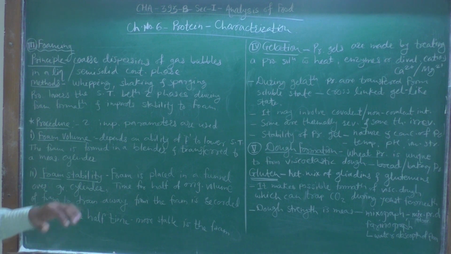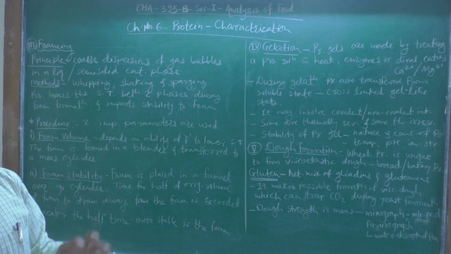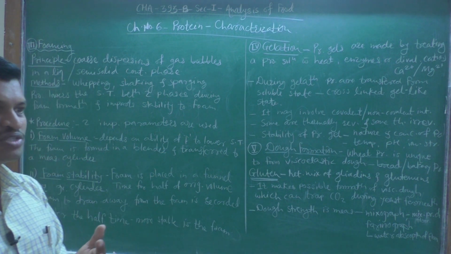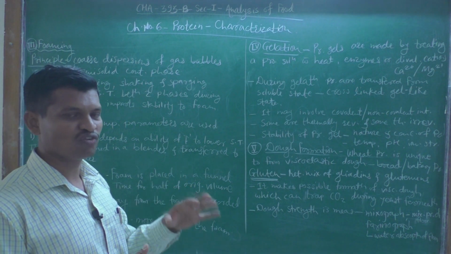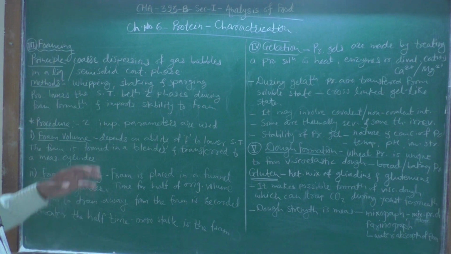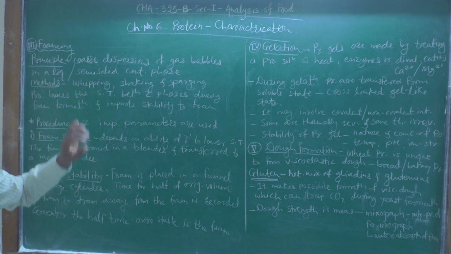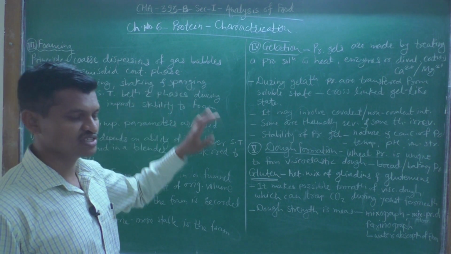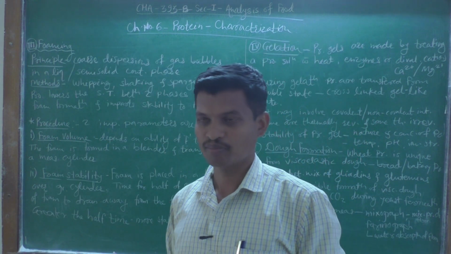What is foam? Foam is a coarse dispersion of gas bubbles. Coarse means which is not fine. A coarse dispersion of gas bubbles in a liquid or a semi-solid continuous phase is called a foam.